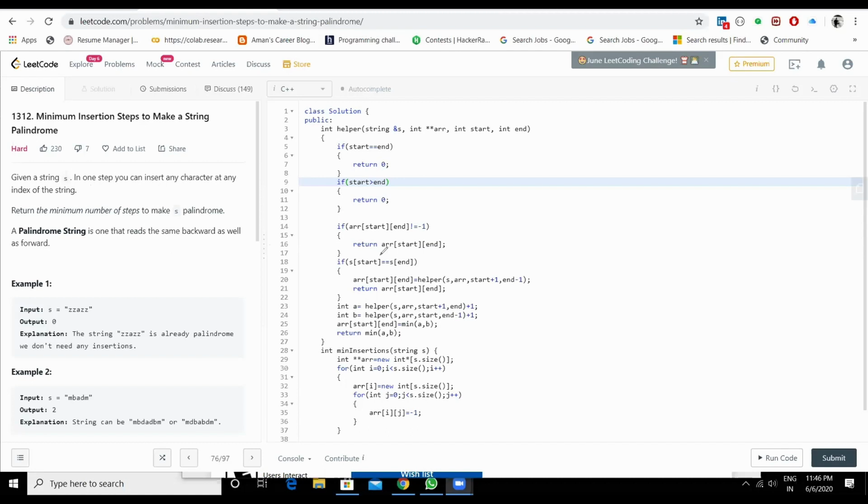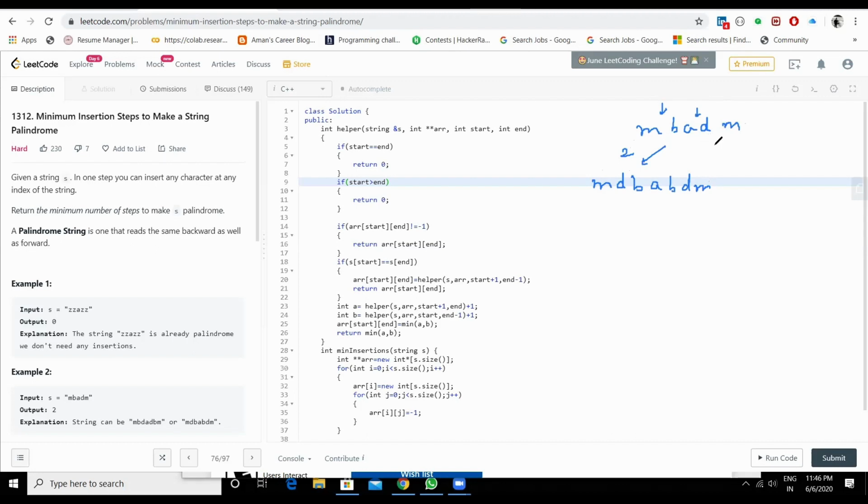Suppose let's take this as an example: MBADM. Basically, we can add D at this space and B at this space. So this would make M D B A B D M. This is a palindrome, and the number of insertions which I did was 2.